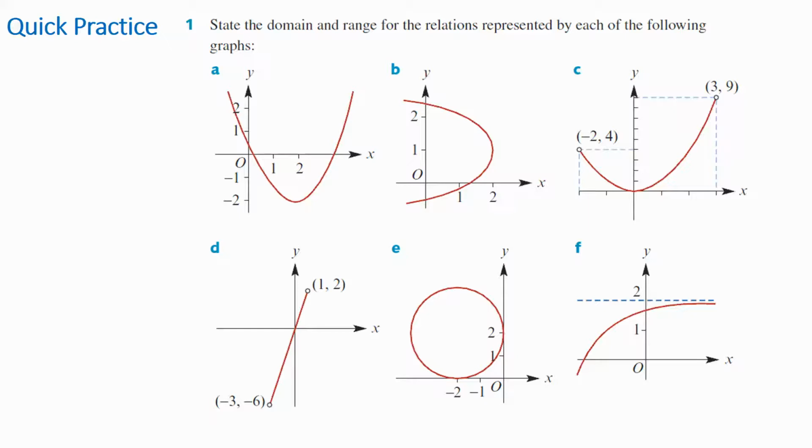I'm going to go with this first one. This is technically a function. We've got a quadratic function, and I want to talk about its domain and range. Now, if you just ignore the y-axis and just look at the horizontal axis along the graph, you can see that the line can go on infinitely onwards. So that means your horizontal axis can go on and on. You always have a coordinate for your x-axis.